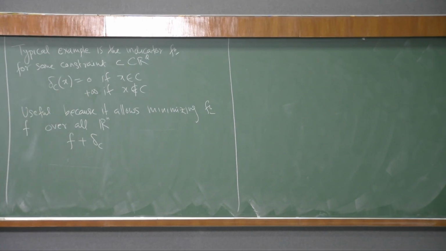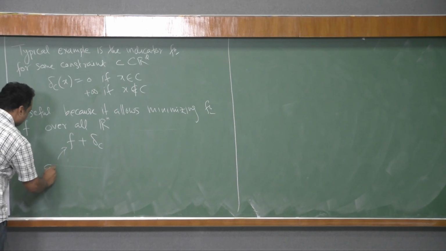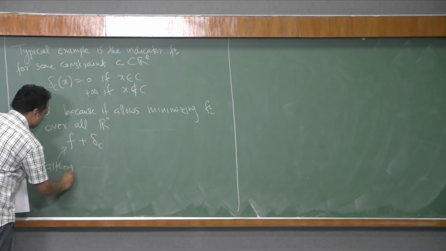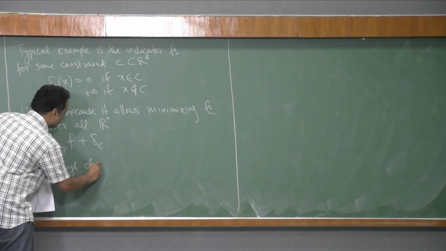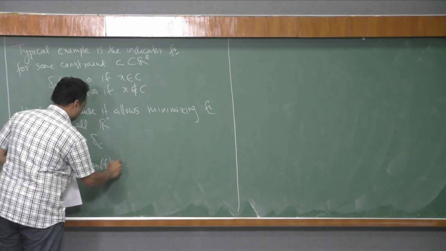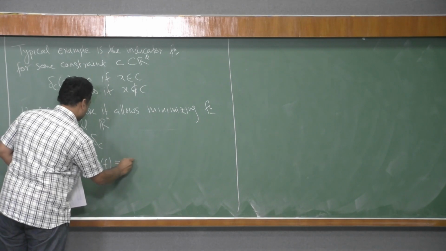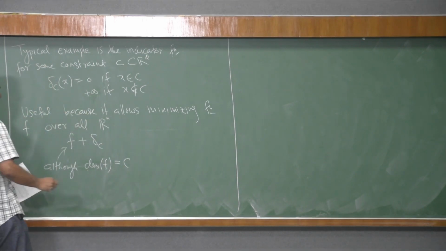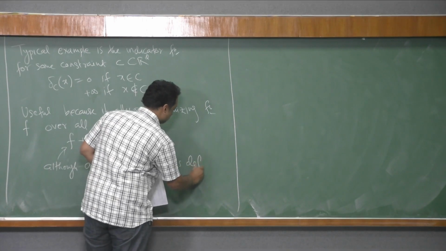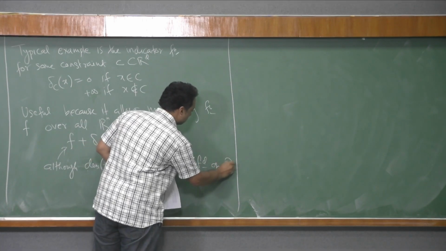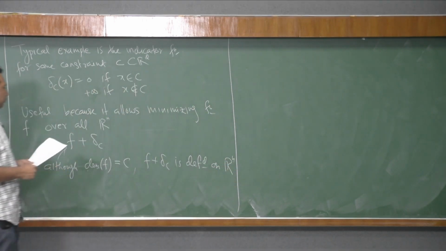Now it's defined over all of R^n. Although the domain of f is C, f plus delta_C is defined on all of R^n.